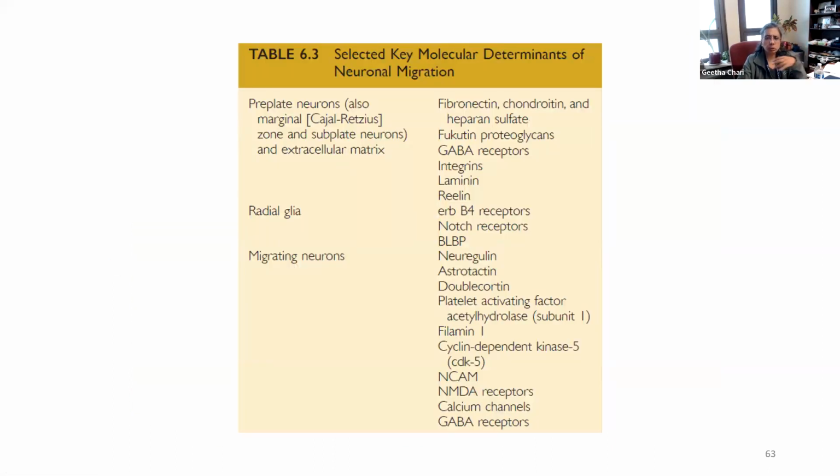Like I told you, these are all controlled by a host of molecular and genetic structures and chemicals. So you have the various things like laminin, the reelin gene, the doublecortin gene, the filamin gene. All of those are responsible for this migration. And if any defects occur in any of these genetic markers, you can end up getting malformations.